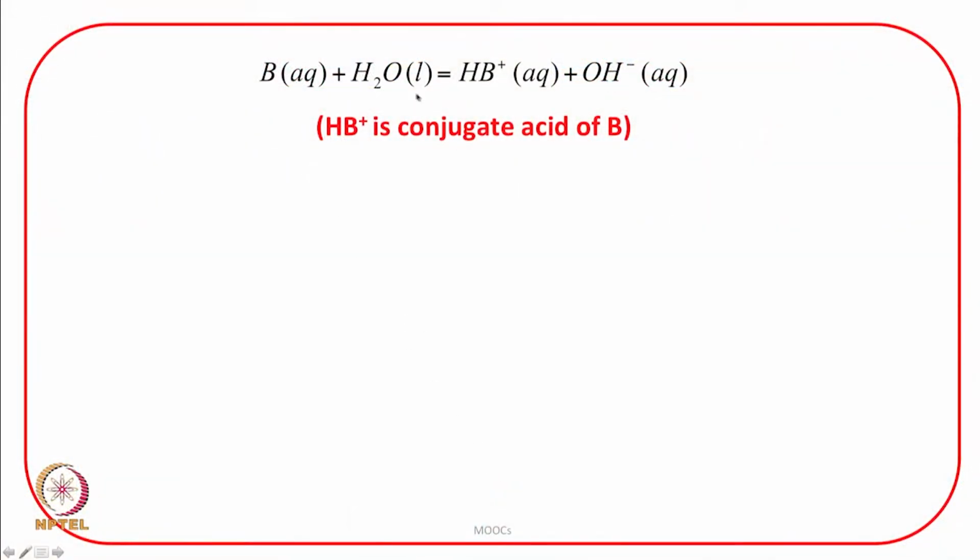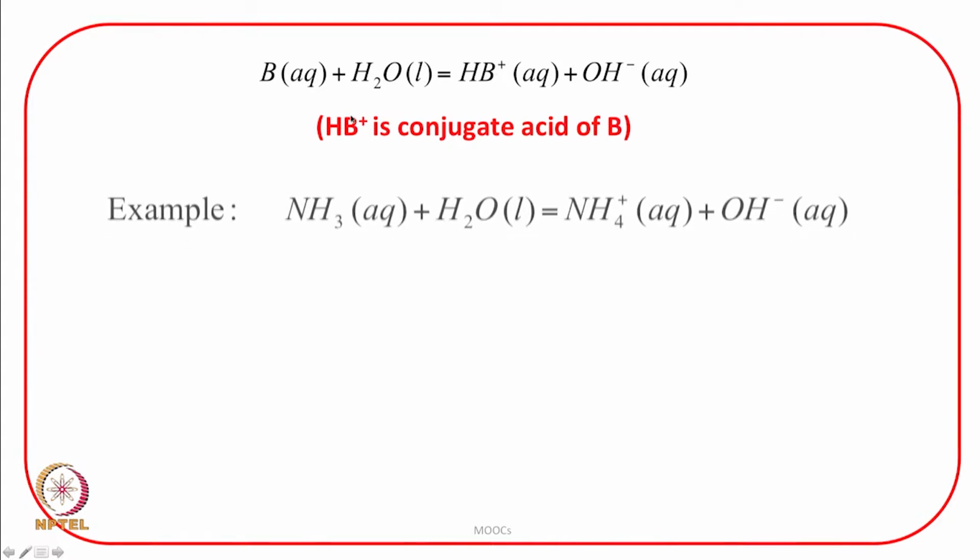A base, when dissolved in water, will accept a proton from water and will form hydroxide ion. In the same manner, if B is a base, then its conjugate acid is HB plus. So, once again it is worth noticing that when this base is dissolved in water, then after accepting the proton, HB plus becomes the conjugate acid of the base B. Let us take an example of this kind.